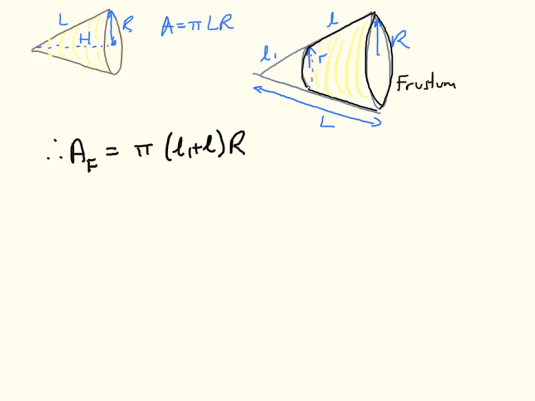So I have minus pi L1 little r, and now I'm just going to tidy this up a bit because I've got some terms with an L1 dependence, and I'm going to bring those together.